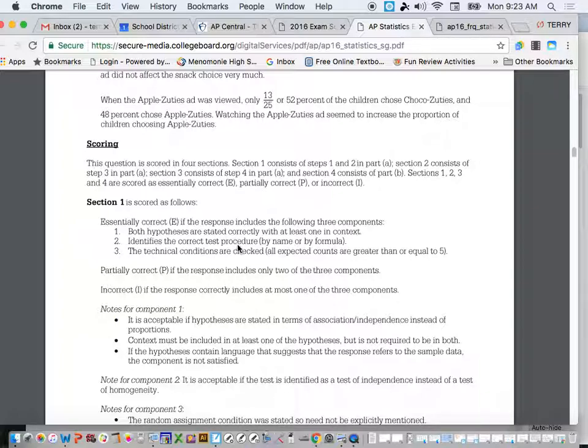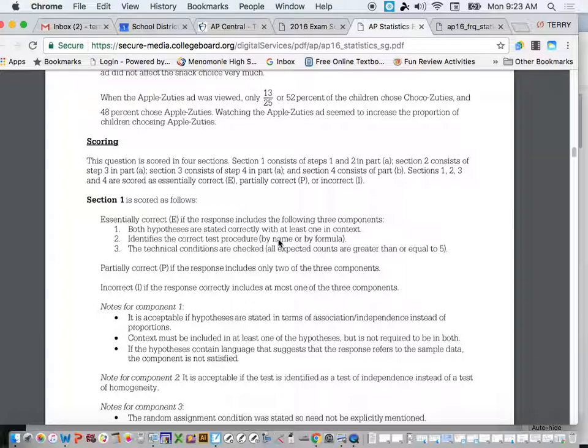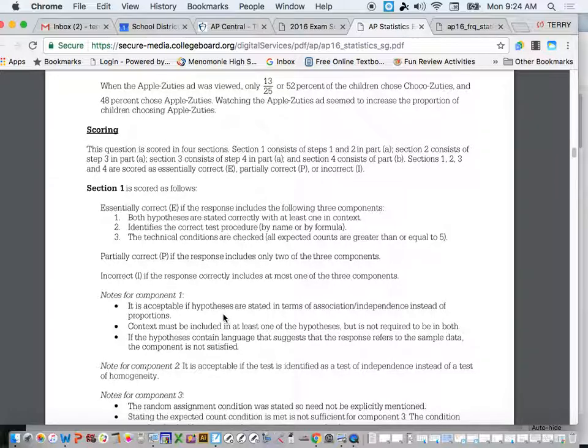Part 2, you had to identify the correct test procedure by name or by formula. And part 3, the technical conditions are all checked, all expected counts greater than or equal to 5, and the randomization. So you had to have all 3 of those to get an E. Okay? It says if you used independence instead of that, they did give you credit.